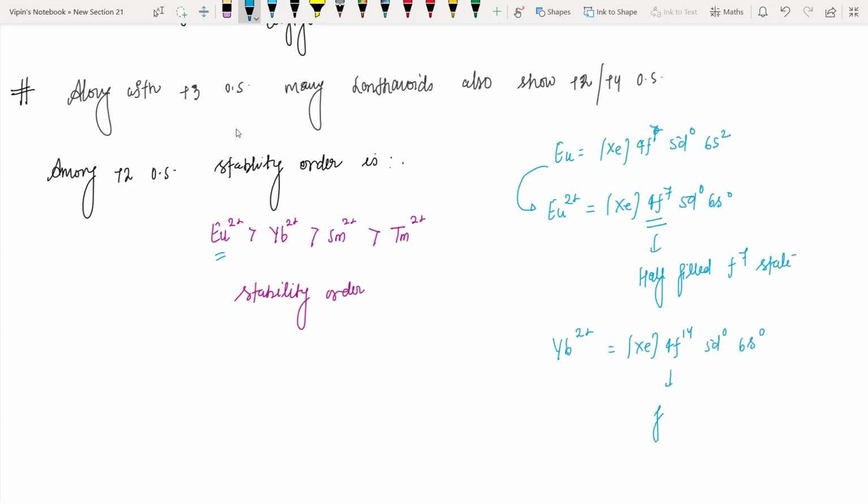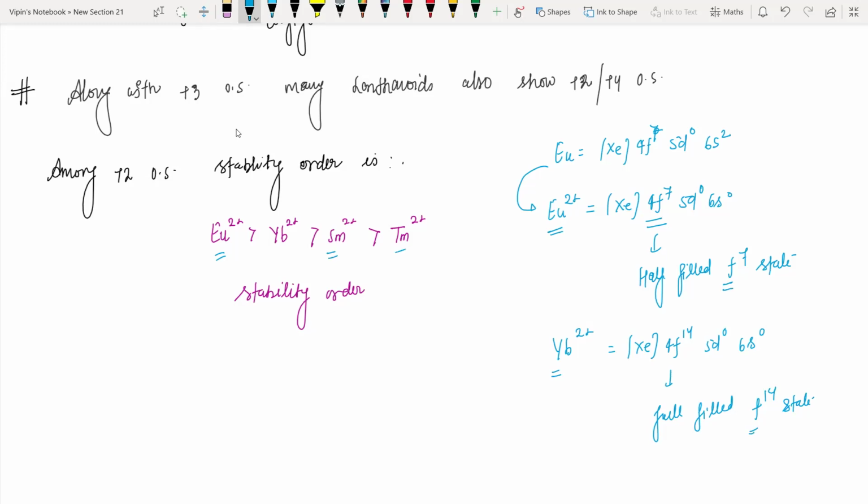It has a fully filled f14 state. So the Eu2+ and Yb2+ oxidation states are stable as they have a more stable configuration as compared to Sm2+. Why more stable? Because one is half-filled and the other is fully filled.